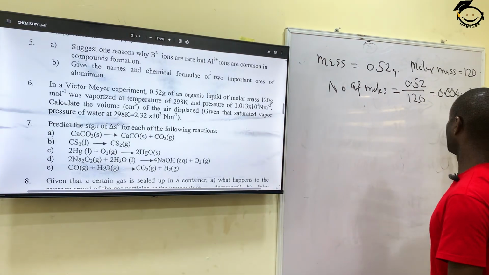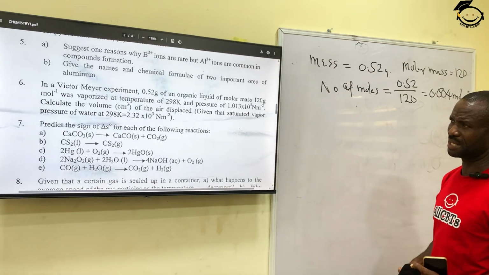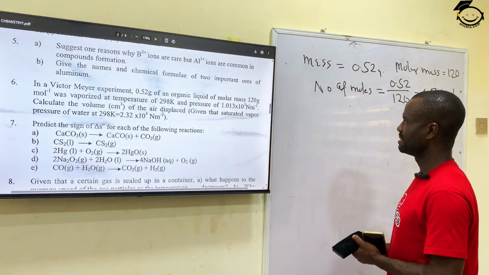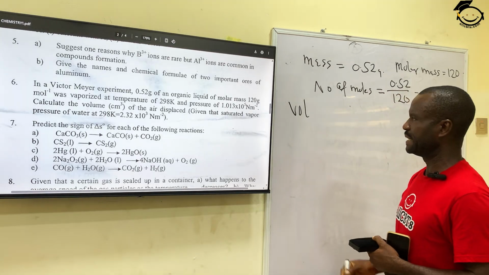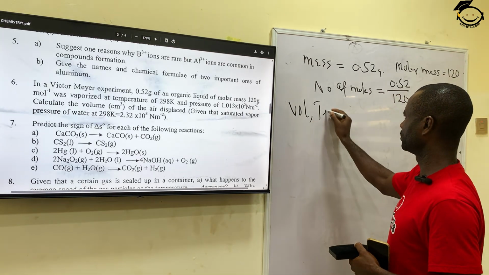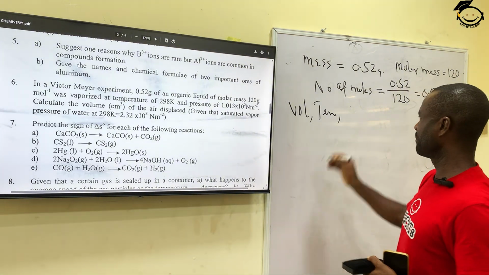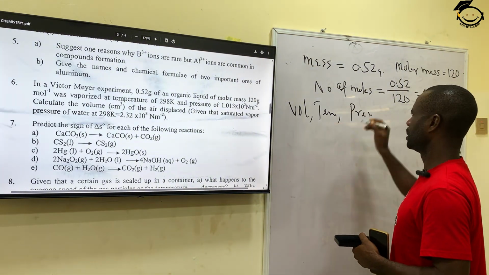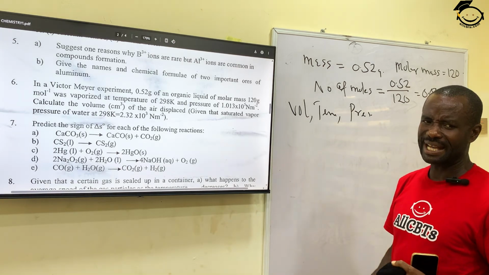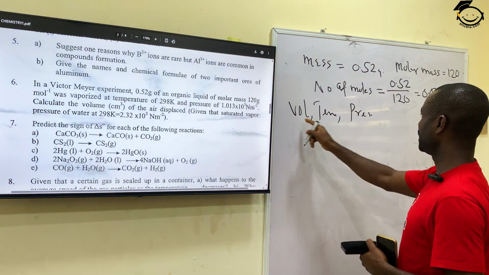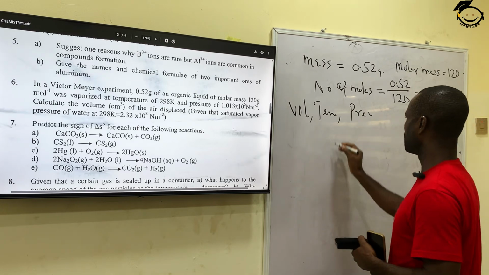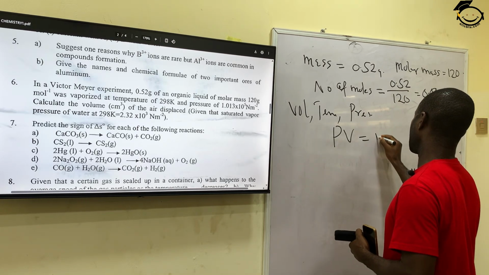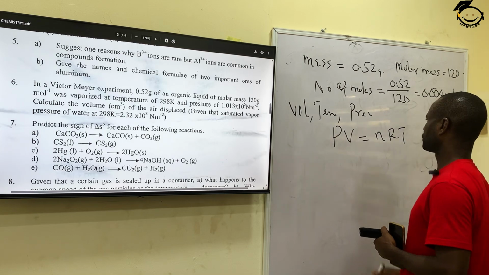Having identified the number of moles of the unknown substance, we are asked to find the volume. We've been given temperature, and we've been given pressure. There is an equation called the ideal gas equation that shows the relationship between volume, temperature, pressure, and the number of moles, which is PV equals nRT.